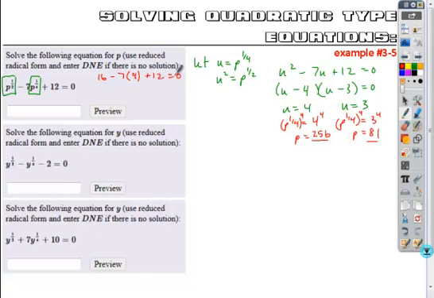Does that equal 0? 16 plus 12 is 28, minus 28 does equal 0. So 256 checks. Do the same with 81. The square root of 81 is 9, minus 7 times the 4th root of 81, which is 3, plus 12. Is it true that 9 plus 12, or 21, minus 21 does equal 0? Once again, yes, that checks. And so we have these two possible solutions here.